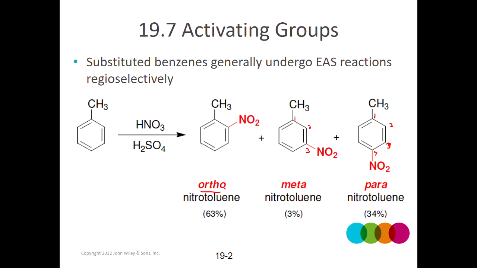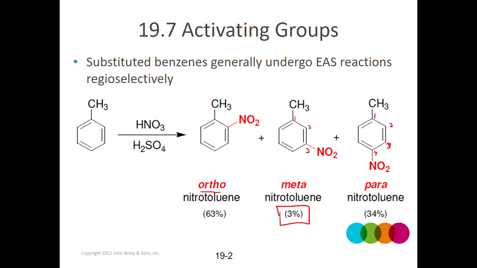And when we look at the distribution of products, ortho, meta, and para products, where the nitro group gets positioned in one of those 3 spots, we find that the meta product is a very minor product. Almost none of that forms.